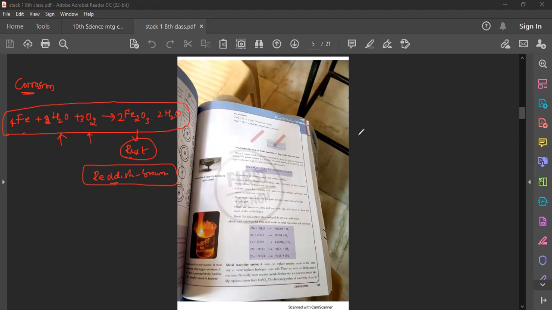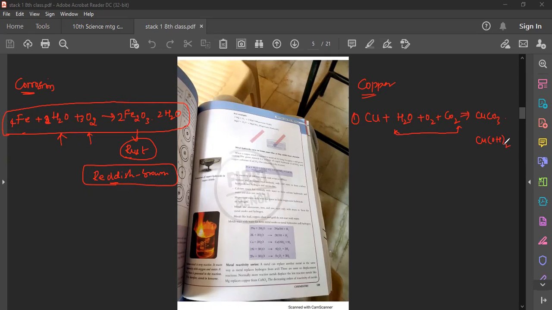But in the case of copper also, a green color coating will develop on the copper. It is not because of copper oxide. Listen carefully. Whenever copper reacts with the oxygen, water vapor, and carbon dioxide present in the air, it forms copper carbonate and copper hydroxide.